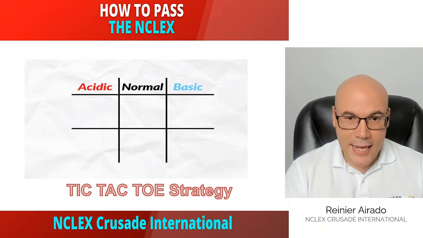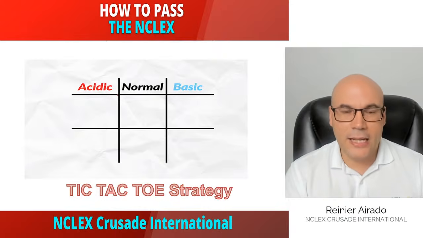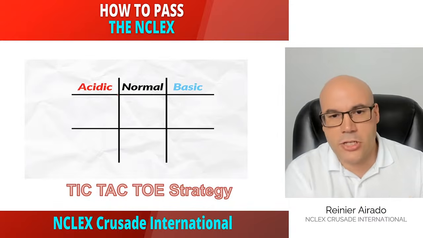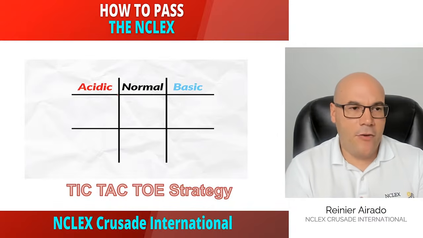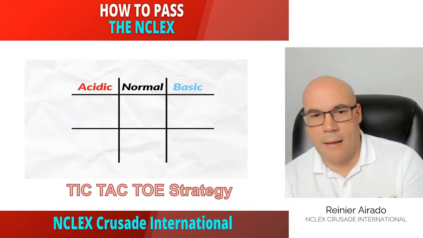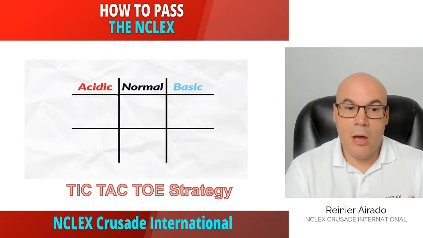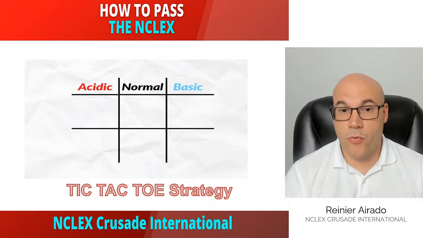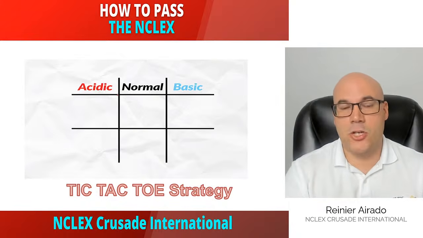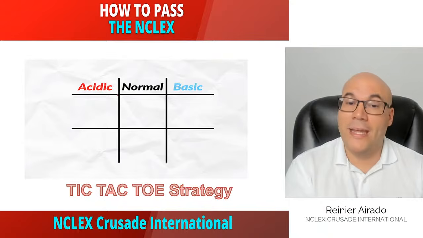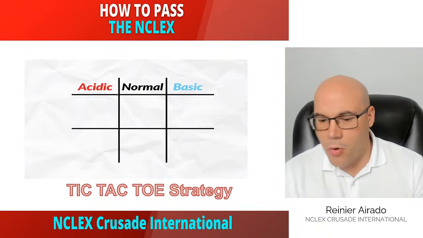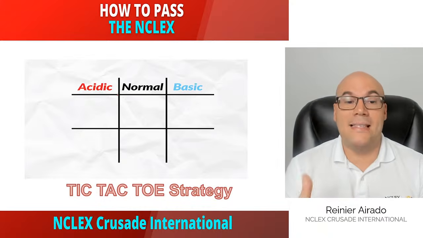Remember, in the NCLEX, you're not likely to find questions where you have to use this strategy to identify if you have a respiratory or metabolic acidosis or alkalosis, but they will include arterial blood gas results in the question stem, and you have to interpret it first before you identify what's normal, what's abnormal, or what is the priority.